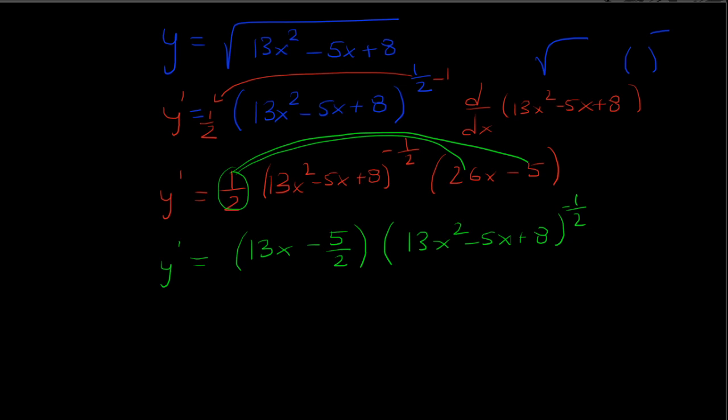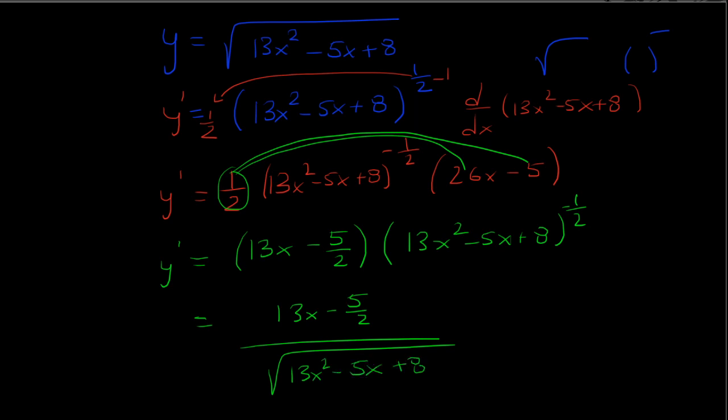And if we really want, let's say we don't like the negative exponent, we can put it all in the bottom. So it could be under the square root of 13x squared minus 5x plus 8. And that's the derivative.